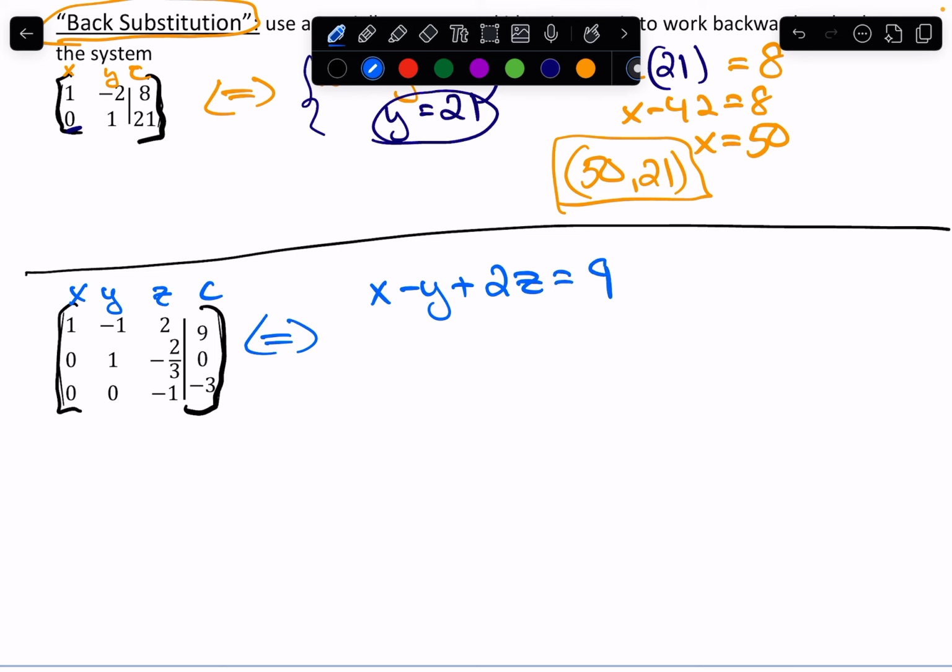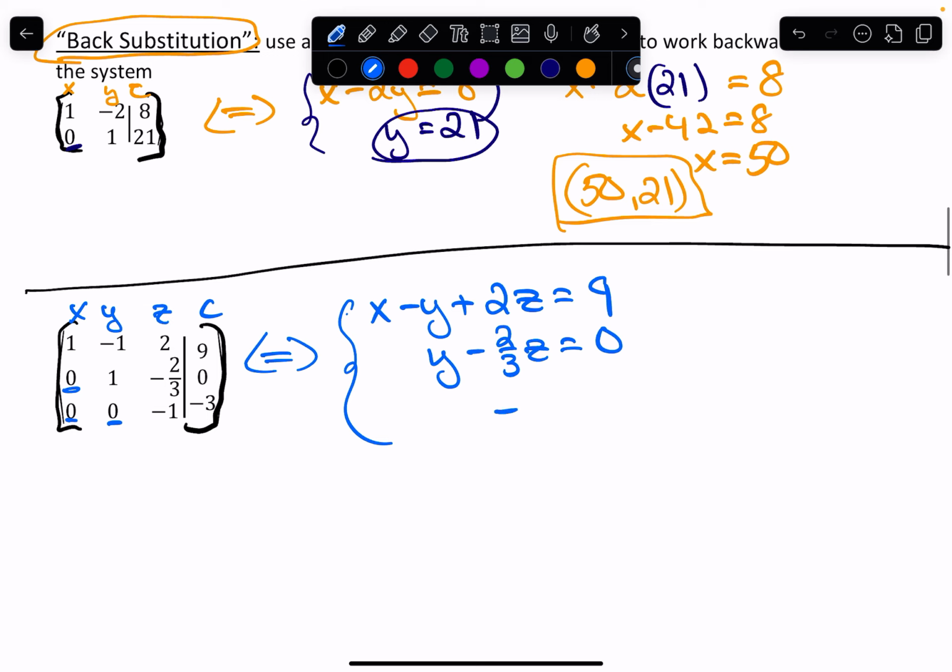Row 2, it's a 0 for the x, so it'll be y minus 2/3 z equals 0. And then our third row, the x and y coefficients are 0, so it's going to be negative z equals negative 3.